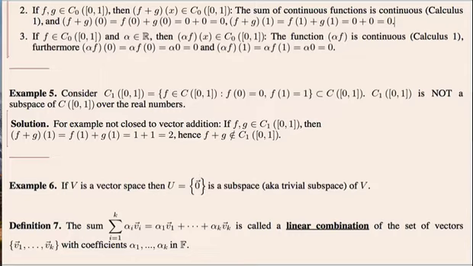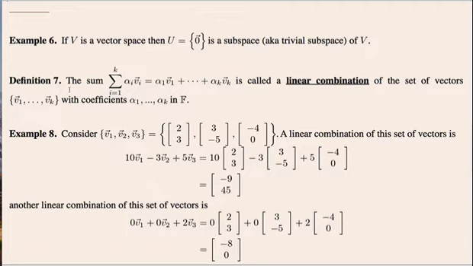If you check the three properties, it's not empty because it has the zero vector. Also addition: you only have the zero vector, and if you add the zero vector, you get the zero vector, which is in the set. And it's also closed under scalar multiplication because if you multiply the zero vector by alpha, you get the zero vector. So that means the scalar multiple stays in the set U.